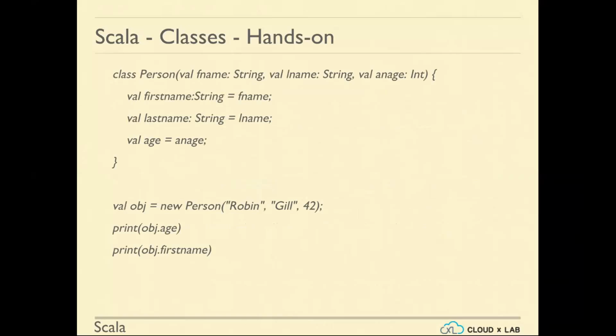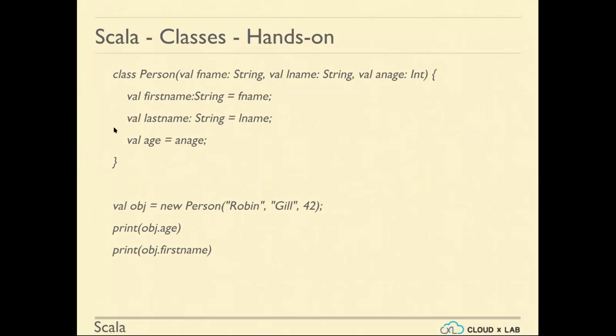Let's take a look at this one. Say here we have a class called Person. It has a constructor which is taking arguments like first name, last name, age, and so on, and we are assigning them locally.